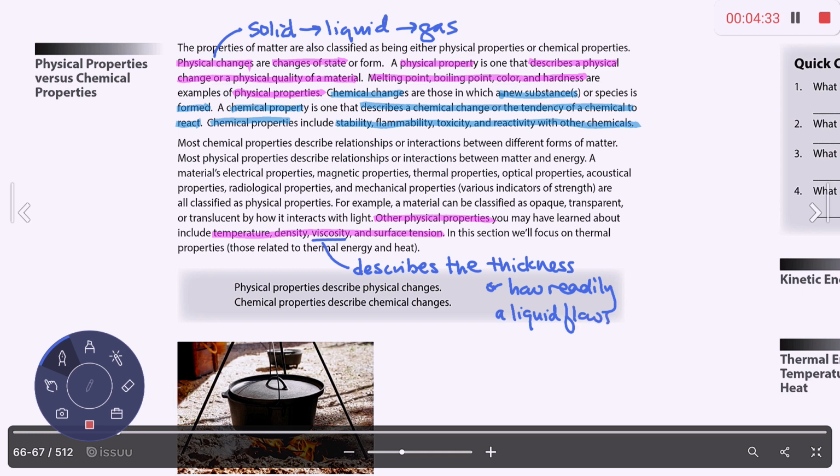So if we're dealing with a really thick liquid that flows really slowly out of a container, it would be viscous. So things like molasses or motor oil or honey would be examples. And you can actually make it become less viscous by heating it up, because heating it up would break the intermolecular forces between the molecules, okay?